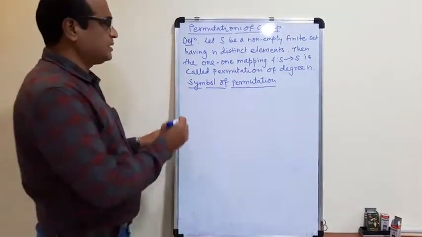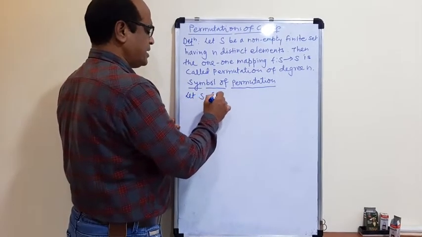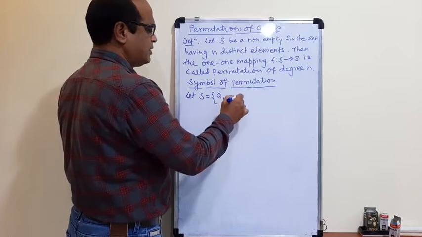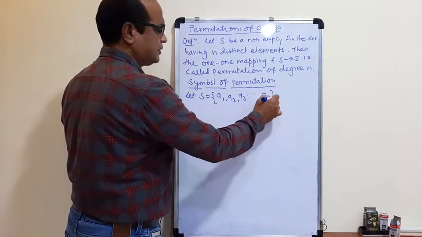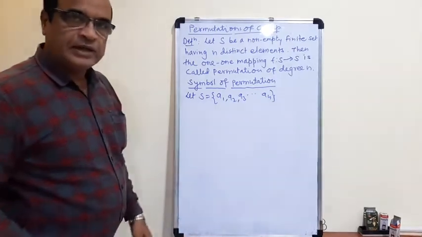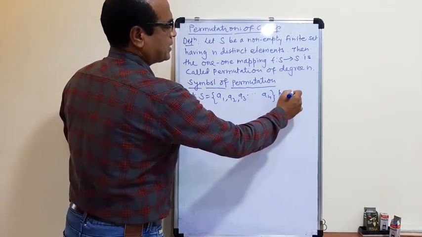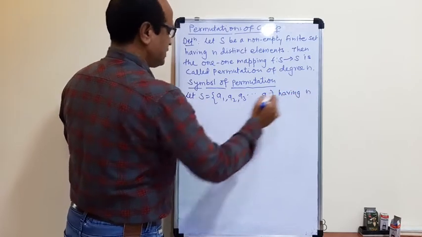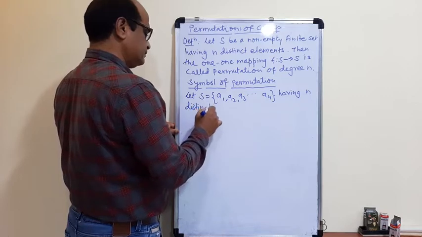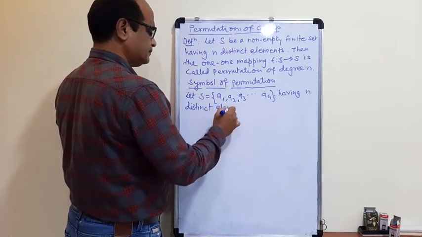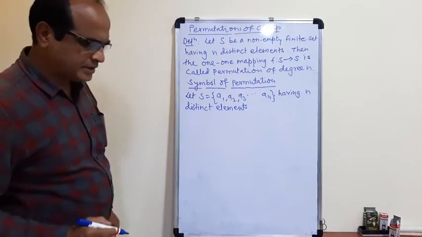Let S be a set of elements, that is a1, a2, a3, up to an. N elements are there, having n distinct elements.